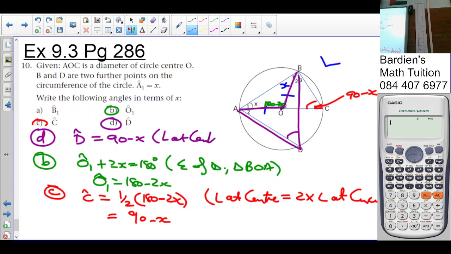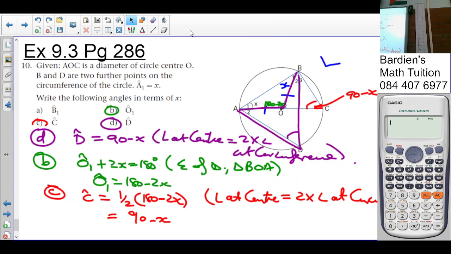Angle at center is equal to 2 times angle at circumference. As you can see, especially with question C, there's more than one way of answering the question. So as long as you're applying your geometry rules properly and you're giving your correct reasons, you should get the full mark for the question. Alright?